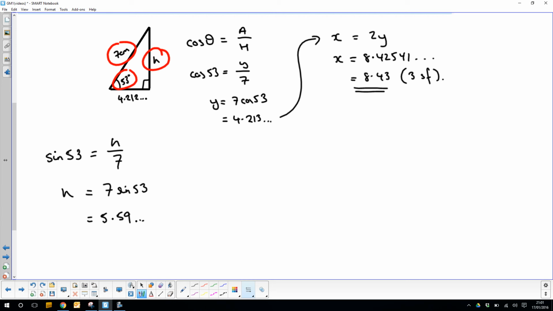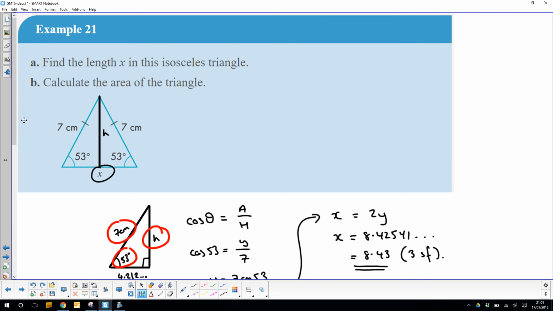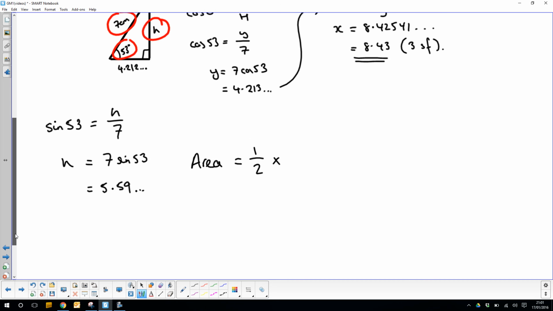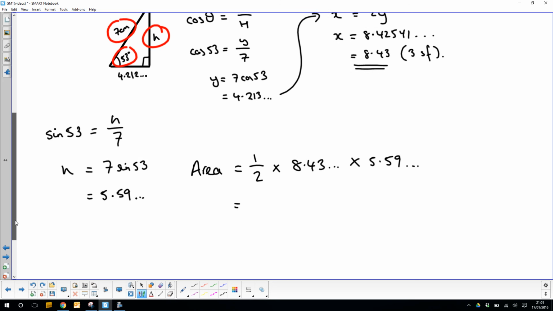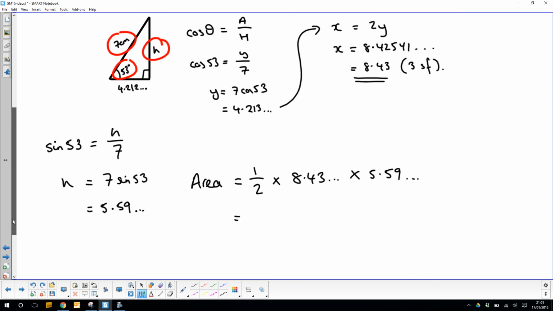Now, the area of the triangle is a half times the base, but the whole base is that value x that we found, 8.43, times the height, which is 5.59. So I've got quite a lot going on there. To make sure I'm really accurate, I'm going to be a bit smart.